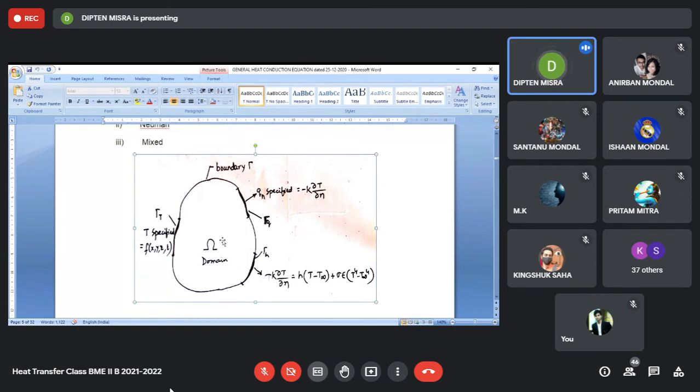The initial condition is useless to describe here. The solution doesn't depend on what the initial condition was, because it is a time invariant problem. But only for an unsteady state problem do we require to know also the initial condition. Now we'll also come across some problems where we may neglect the internal variation of temperature.